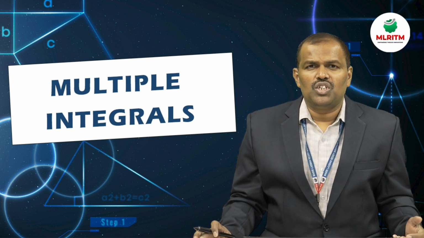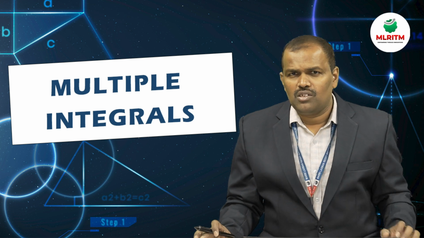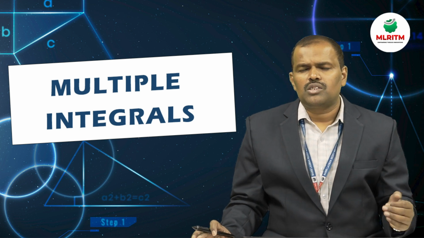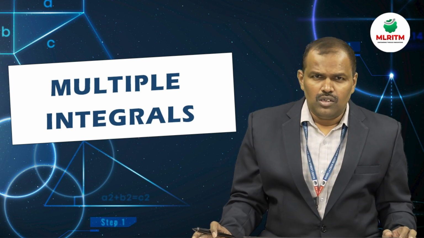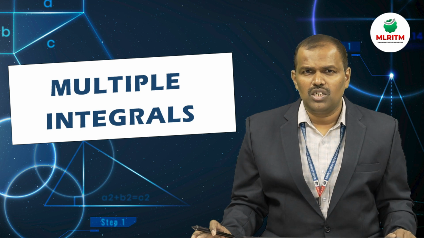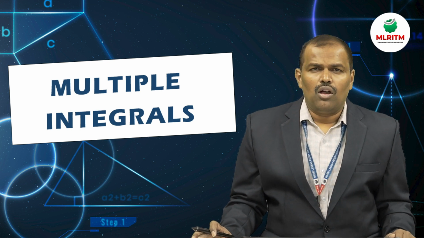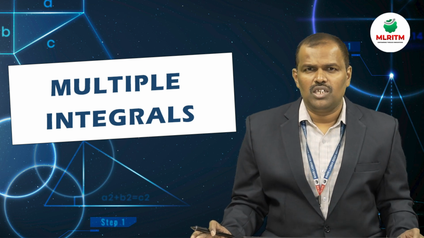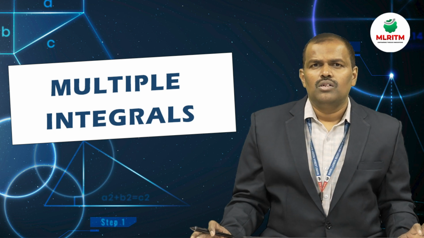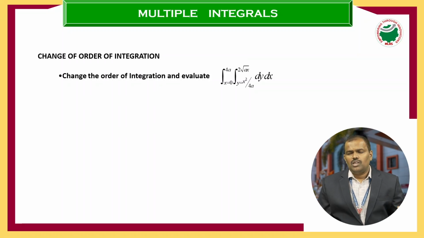I will explain this change of order with one example. Quite often, this change of order of integration facilitates double integrals. In order to change the order, it is advisable to draw a rough sketch, and from that we have to take the limits.